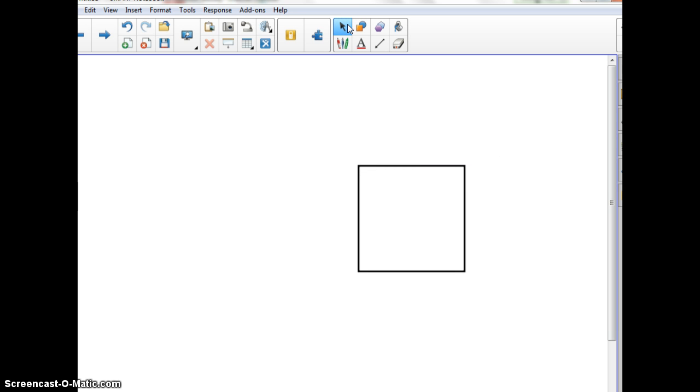Okay? I want you to make one of those sides 7 centimeters. One of those sides you can label 7 centimeters. Now tell me the perimeter of that shape.